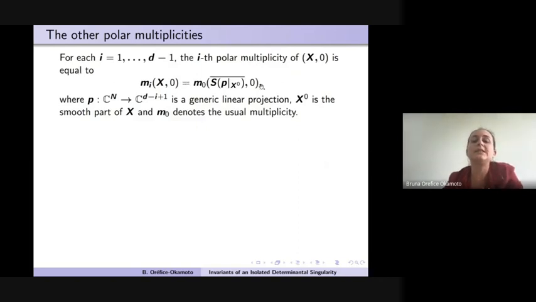So this was defined as the multiplicity of the singular set of P restricted to the regular part of X, where P from C^n to C^{d-i+1} is a generic linear projection.